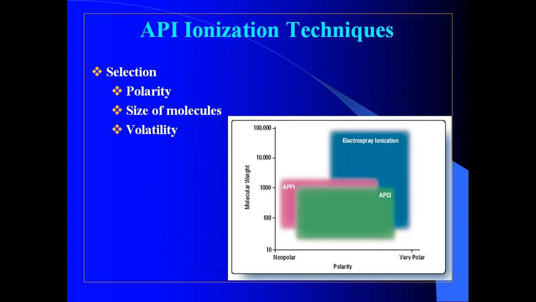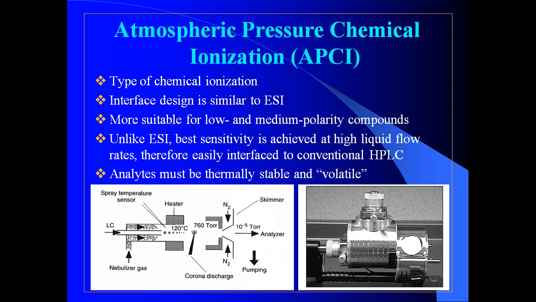As you know, atmospheric pressure chemical ionization and atmospheric pressure photoionization are generally preferred, compared to electrospray ionization, when the sample is less polar and of smaller molecular weight. Atmospheric pressure chemical ionization is a type of chemical ionization.